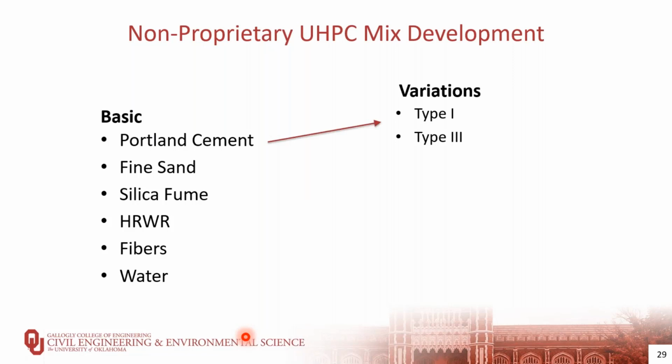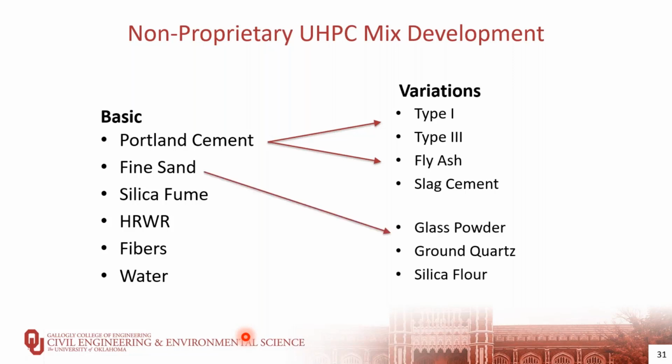We specifically examined type 1 and type 3 here at OU. And then, some of the Portland cement can be replaced with other supplementary cementitious materials beyond silica fume. And again, that makes a difference in how those are going to react with the cement and the other materials available at a given location.